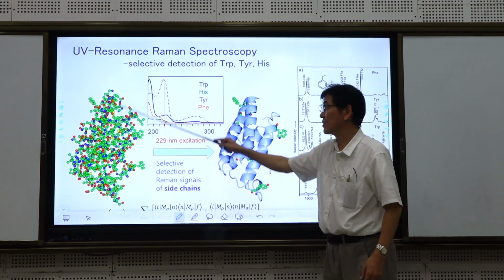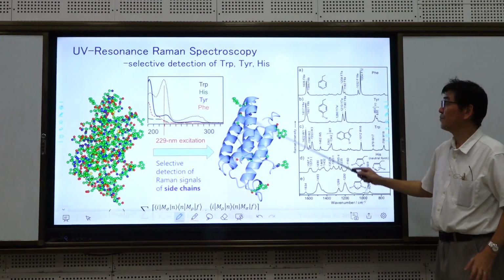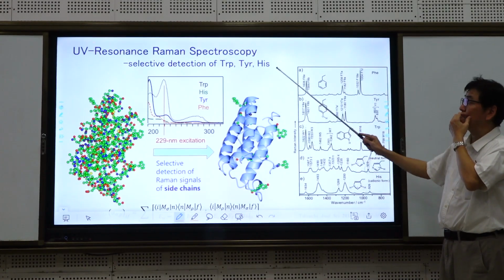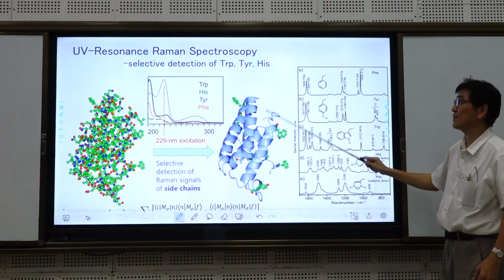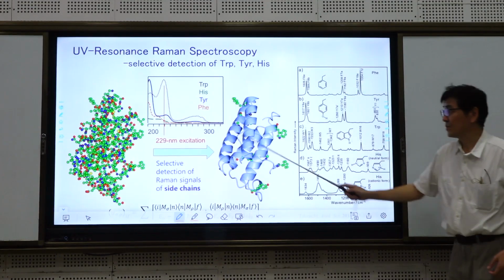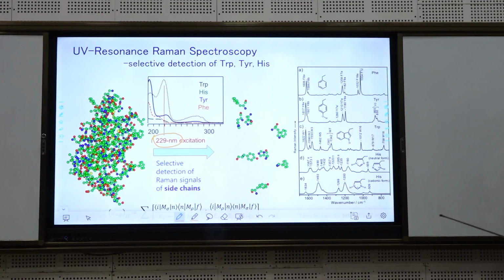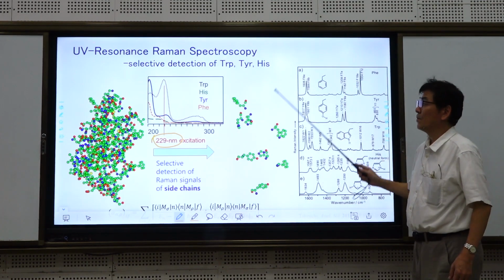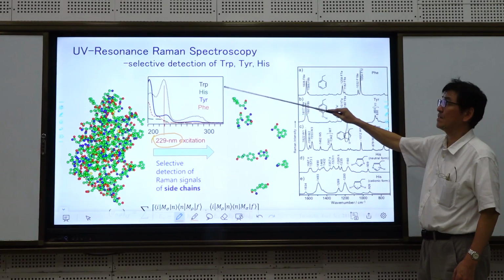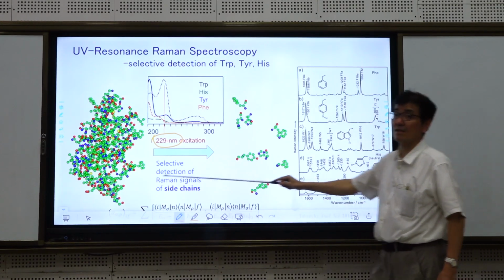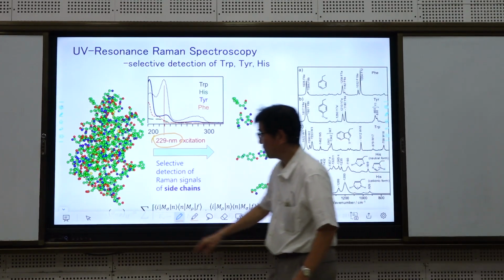That is, even though the protein is huge, we can regard this molecule as a group of tryptophan, histidine, tyrosine, phenylalanine linked to the peptide main chain. And by choosing the excitation wavelength to 229, we can get the information of tryptophan, histidine, tyrosine, phenylalanine in this huge molecule. Okay, it's very convenient.